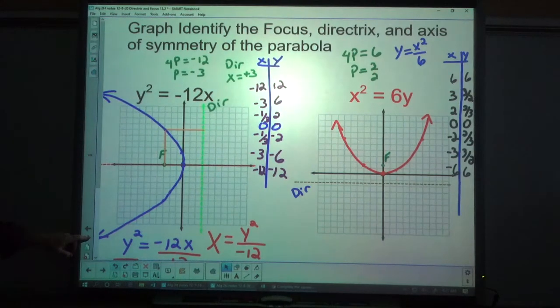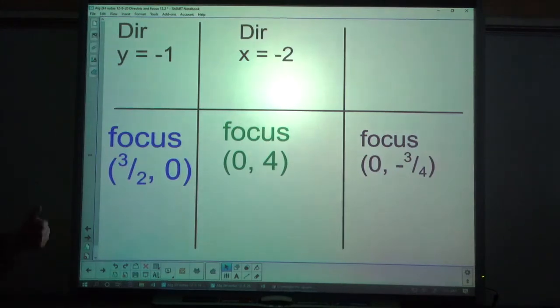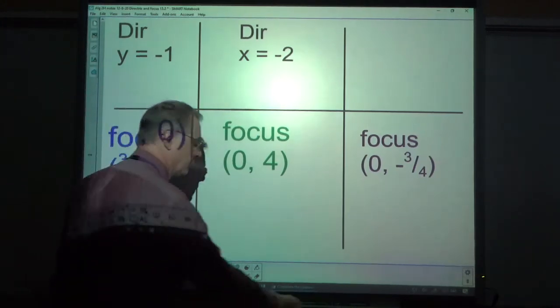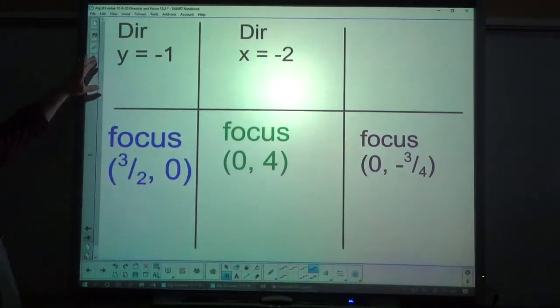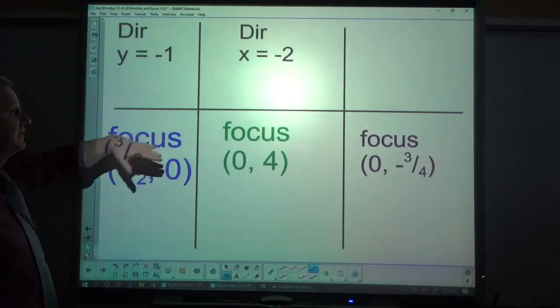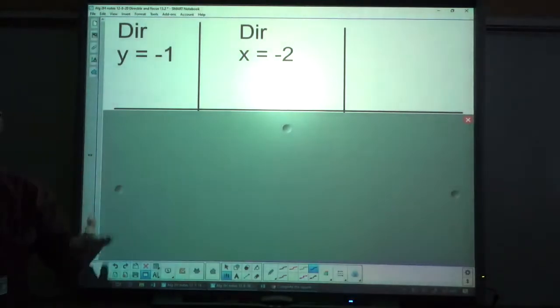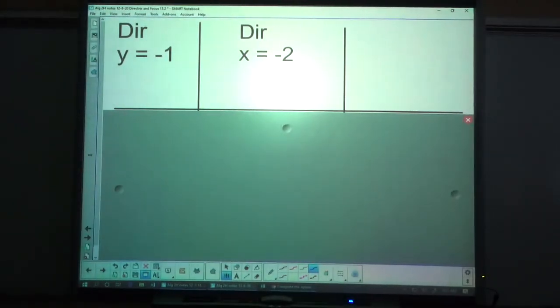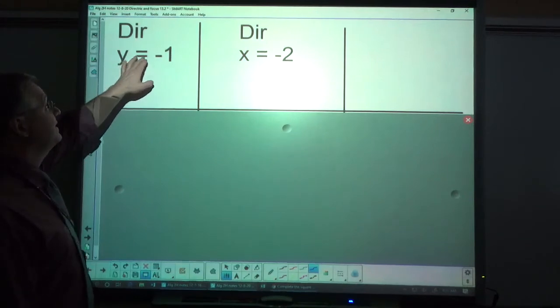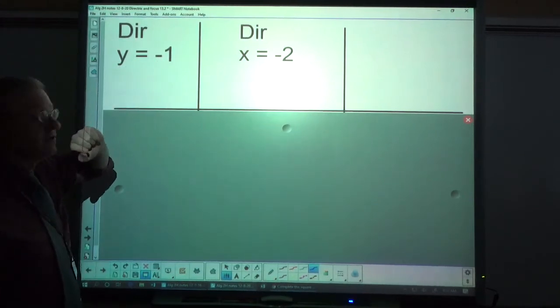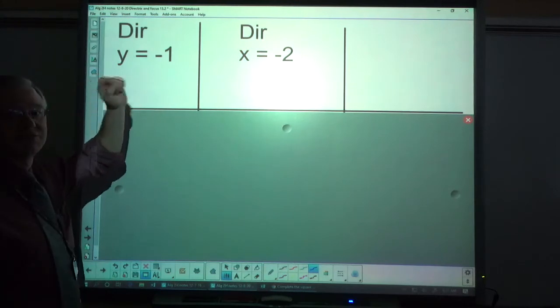All right, so that's enough of real world. Why do we have these? Now let's go from a directrix or focus to the equation. Let's focus on one thing at a time here. If I'm trying to rewrite this into the form of a directrix-focus parabola, I know that y equals -1 is the directrix, then y is the variable that's by itself.